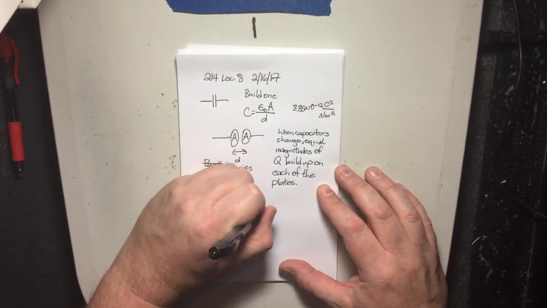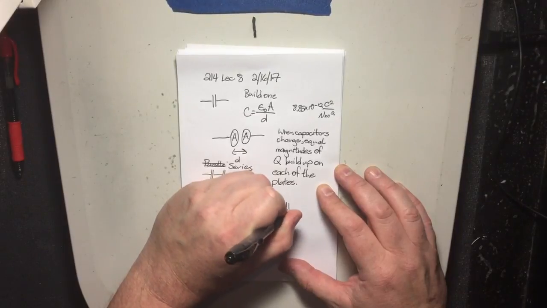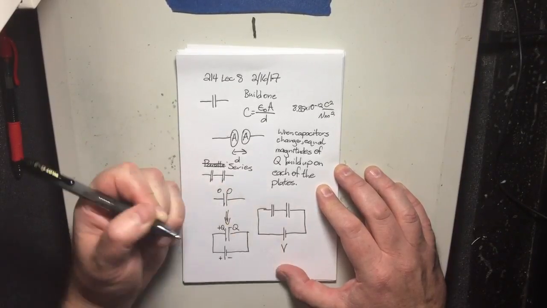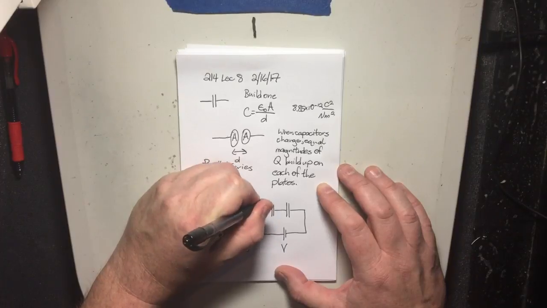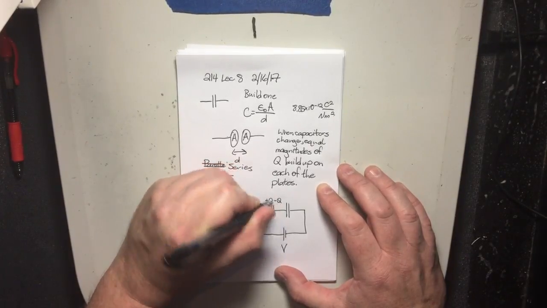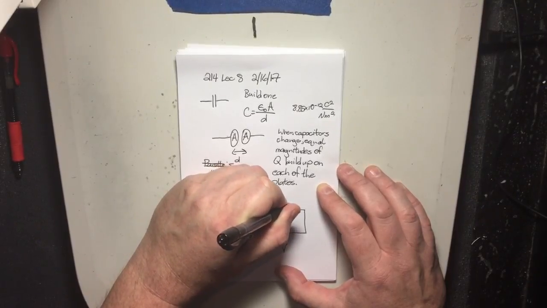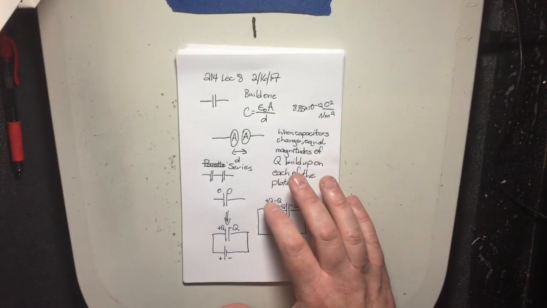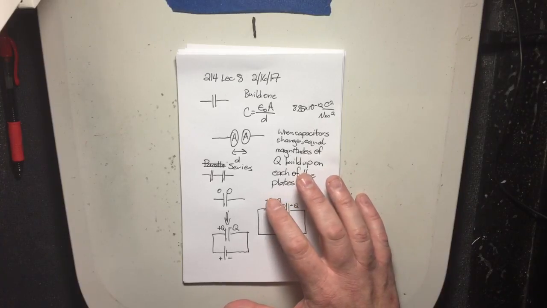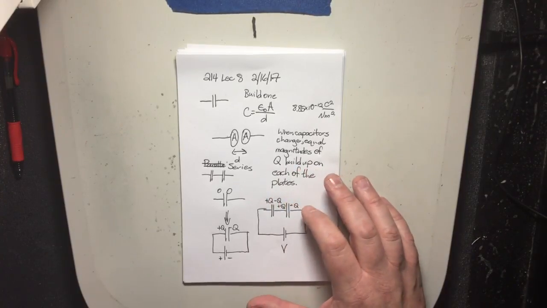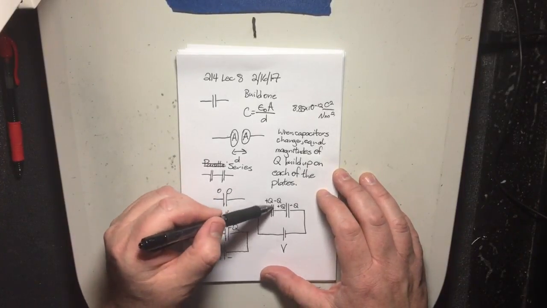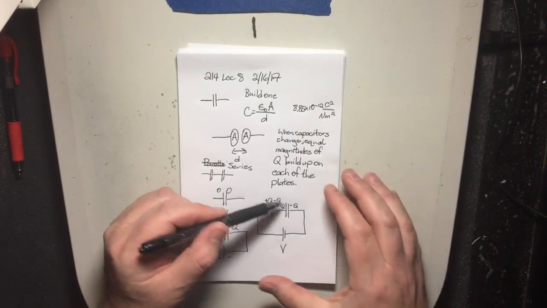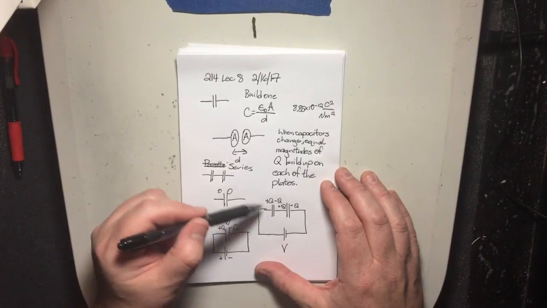For these series capacitors, the battery has voltage V, and the capacitors will develop charges on each of these, and the magnitudes will once again be positive Q and negative Q. Effectively, this region in here is induced charge, and these are because of the battery, and it affects everything else.